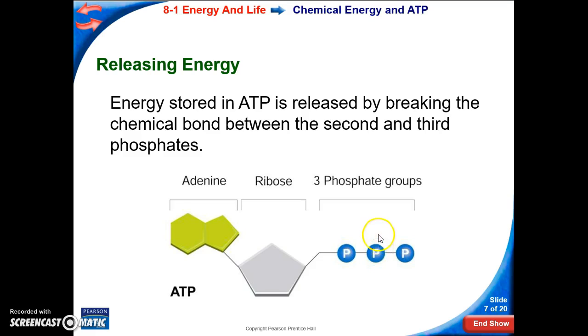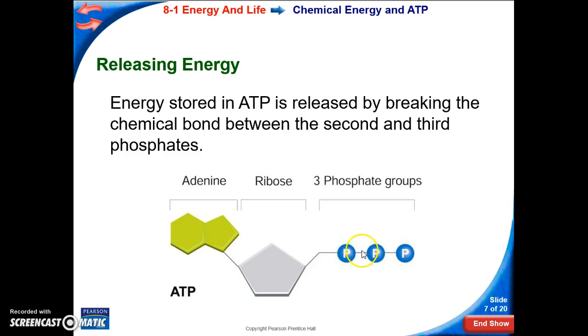And if we pile on a third one, there's also repelling going on between this one and this one and that one. If you put a minus sign above each of these phosphates, think of it as magnets that are repelling and pushing against each other. It's that strain put on these bonds that helps make this such a good energy storage molecule.